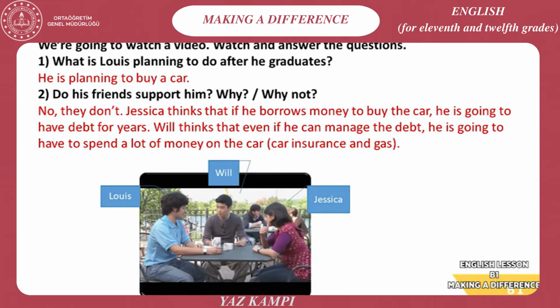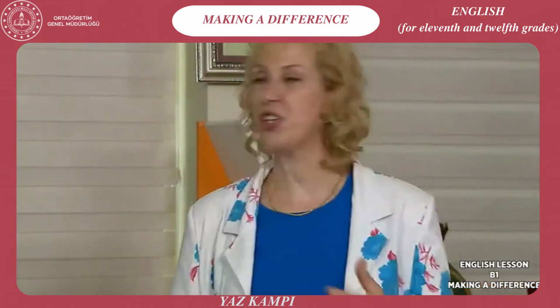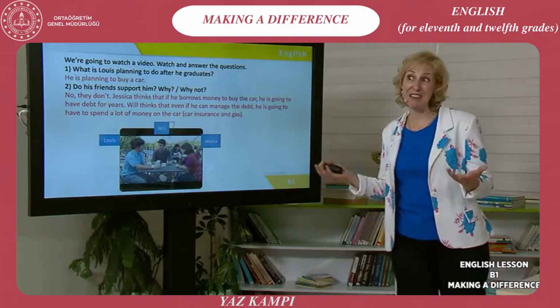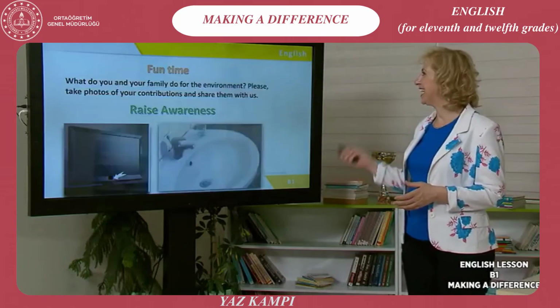Will thinks that even if he can manage the debt, he is going to have to spend a lot of money on the car. Car insurance and gas, etc. So he doesn't need to have a car now. And in the end, of course, he gave up on buying the car.